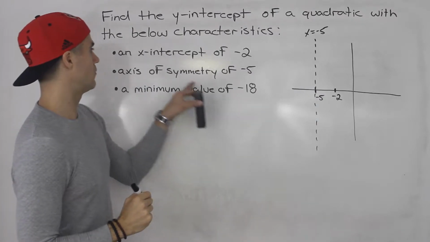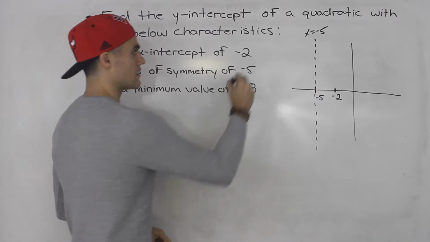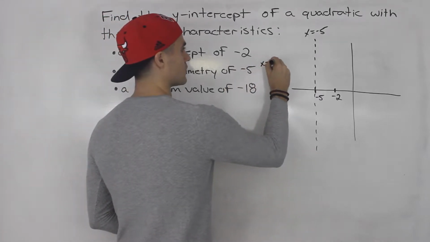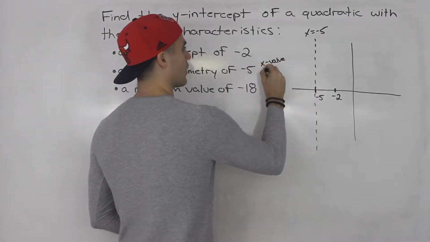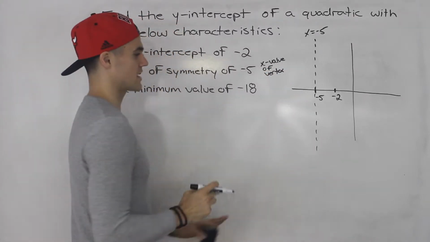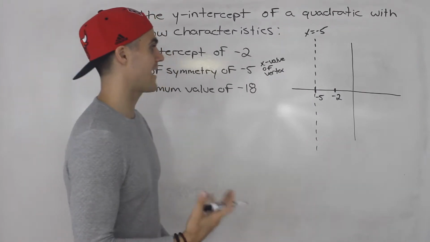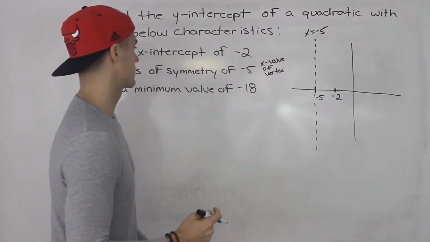And we also know that the axis of symmetry also represents what? The x value of the vertex. So we know the vertex is going to be somewhere on this line, and that's the x value of the vertex, -5.